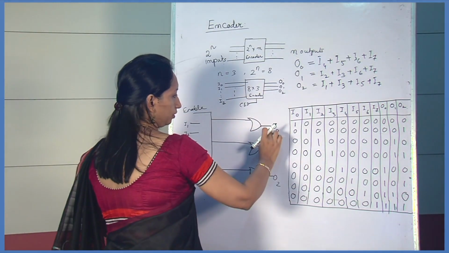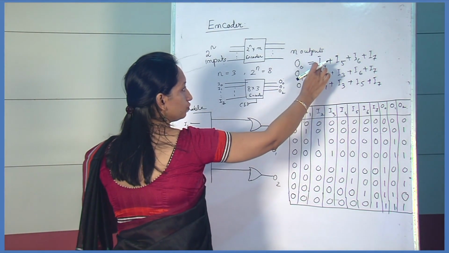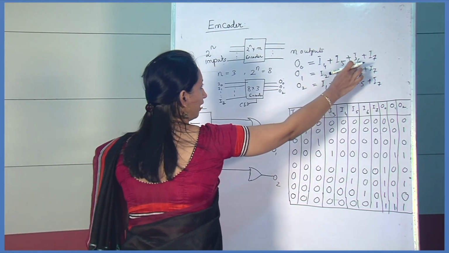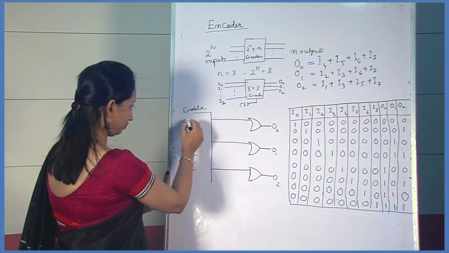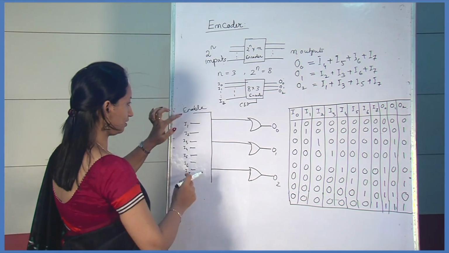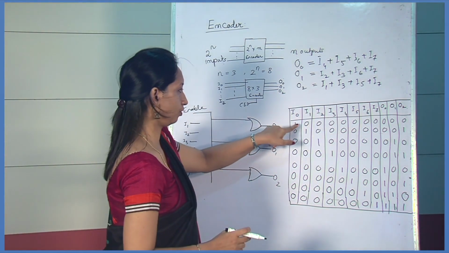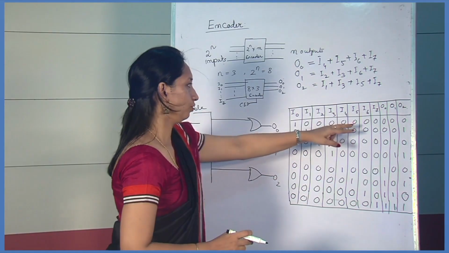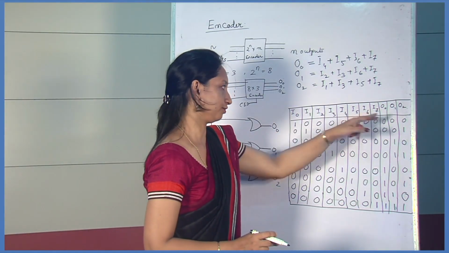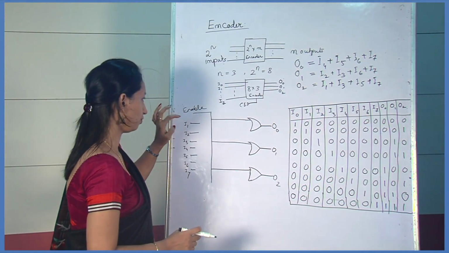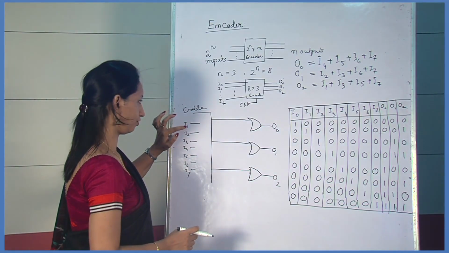Now for O0, what are the inputs? I4, I5, I6 and I7. As when I0 is high, no output is high, so I have not given I0 here, I have started from I1.